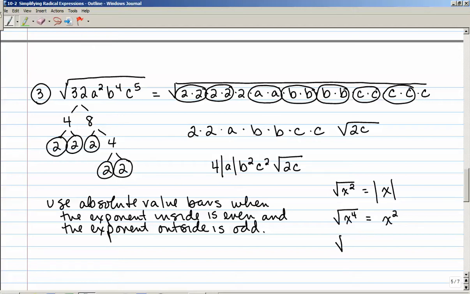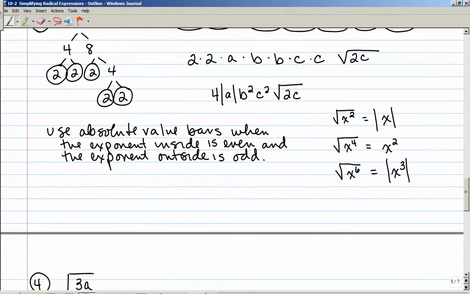And if you do the square root of x to the 6th, those are going to buddy up into 3 pairs. That becomes x to the 3rd. Even inside, odd outside, you have to use bars. And the reason we do that is because the square root of a number is positive. We want it to end up being a positive number, not a negative number.